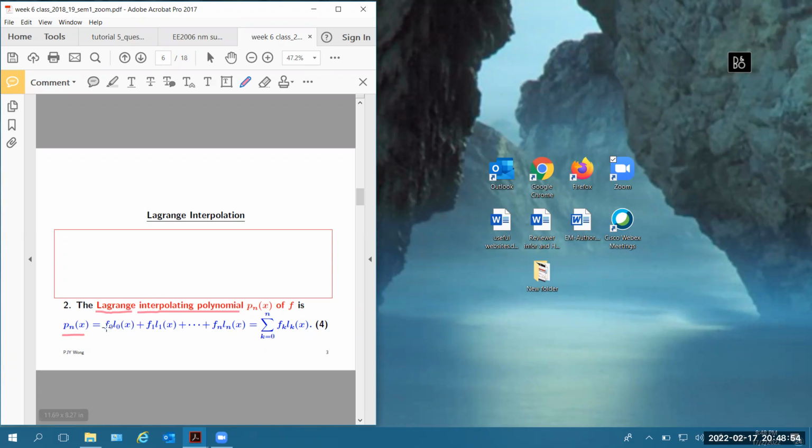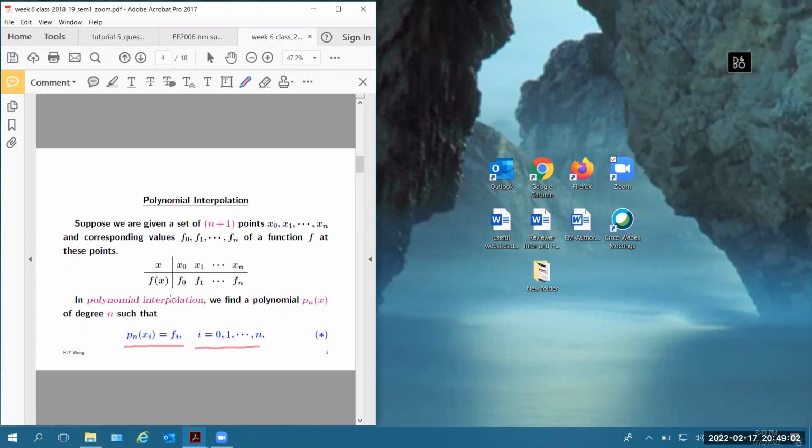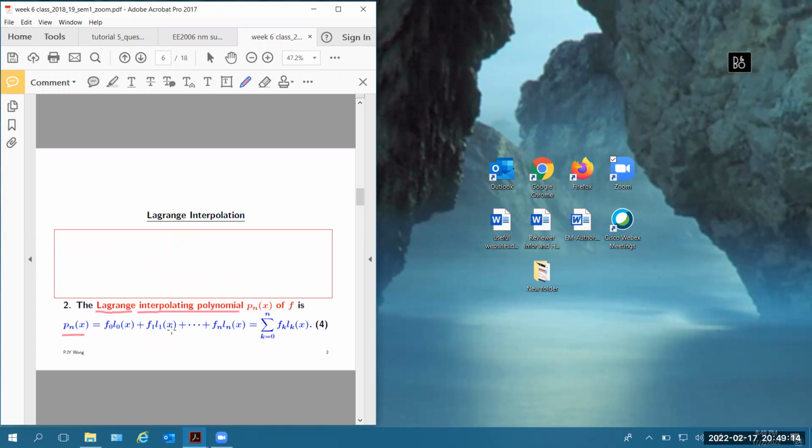Now over here, your f0, f1 until fn are actually known. They are known values because they are the function values, so these are given. And what is unknown here is the L0(x), L1(x), until Ln(x).